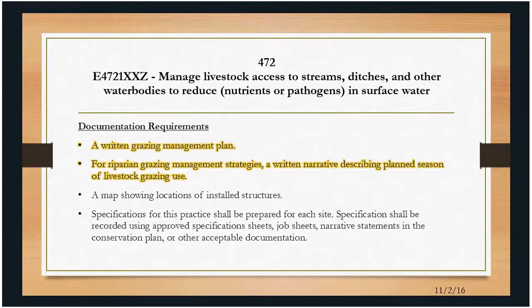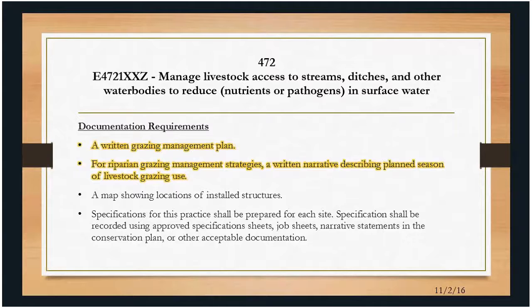For documentation requirements, you need a written grazing management plan. For riparian grazing management strategies, you need a written narrative describing the planned season of use. You need a map showing locations of installed structures. And I'm thinking by structures, they're talking a fence here.